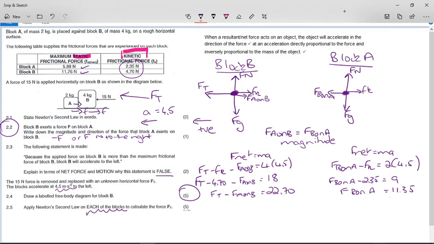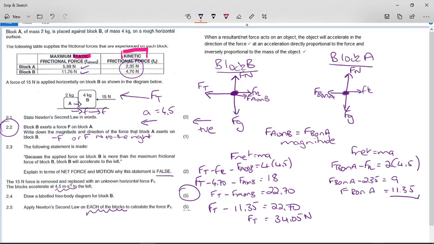So I'm going to take this 11,35 and substitute it into the other equation. So Ft minus 11,35 is going to be equal to 22,70. So Ft by algebra should be 34,05 newtons. And of course it's going to the left, but they told you that in the question, so they maybe don't want it in the answer.